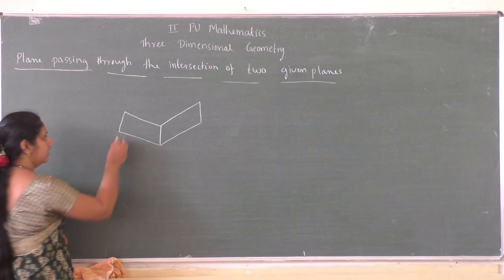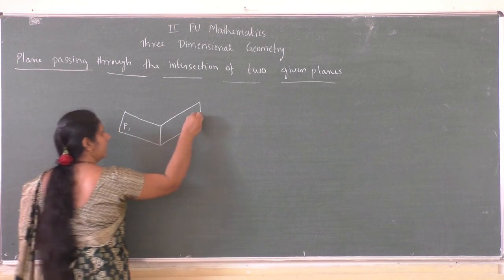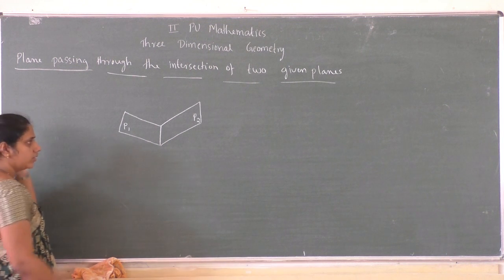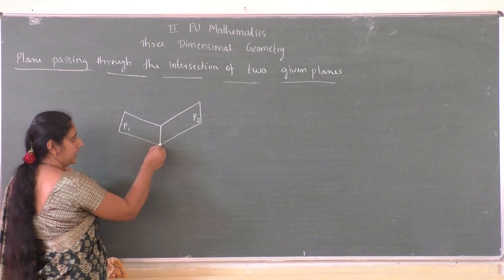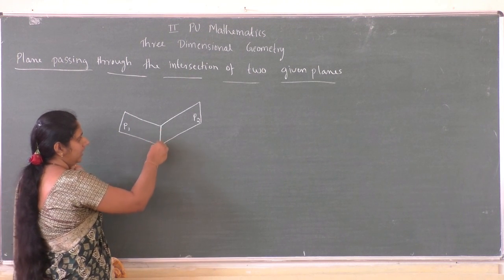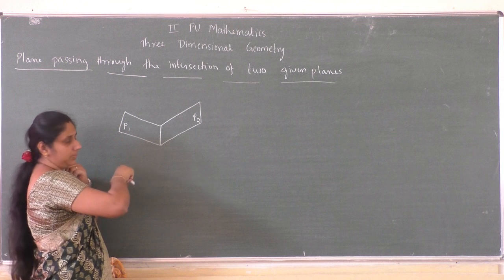I will take this as P1 and this is another plane P2. So at this line the two planes will intersect. So this is the line of intersection of two given planes.